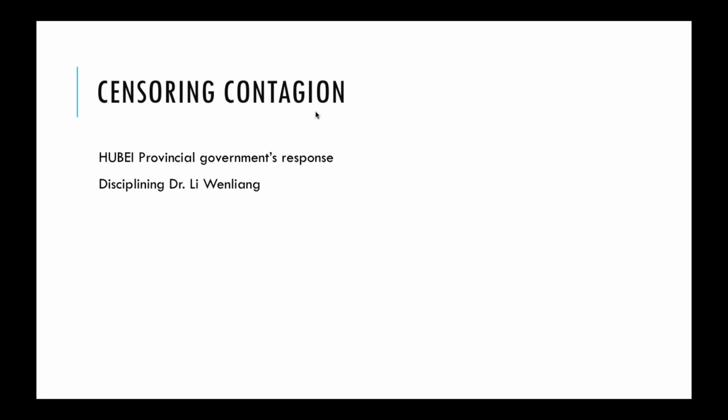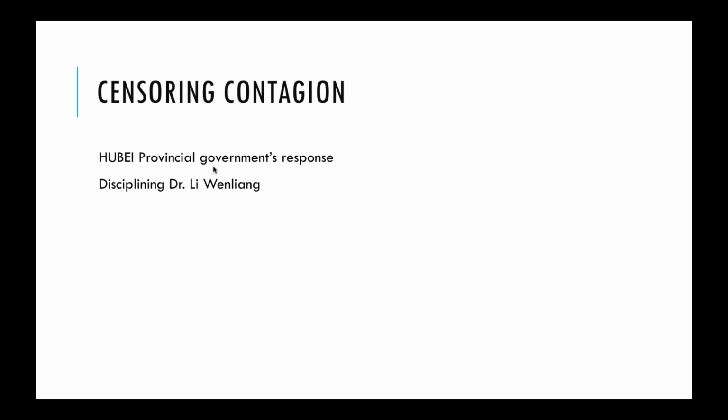Many of you might have heard, if you're following Chinese politics, of Dr. Li Wenliang, who was disciplined on January 2 for sharing news at the end of December. He later contracted COVID and passed away in early February, and he is viewed as a whistleblower.